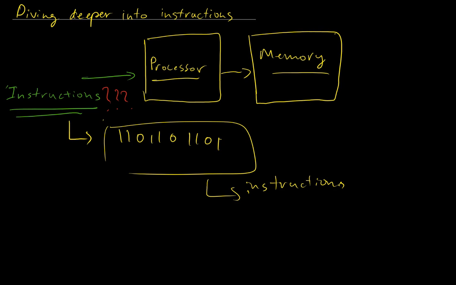But who decides, or how do we even decide what the ones and zeros will be like? I'm going to walk you through that process by designing a small computer, a very simple computer that accomplishes the task we had in the last lesson.